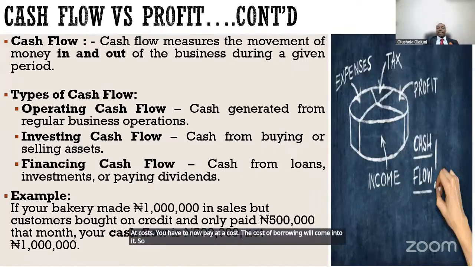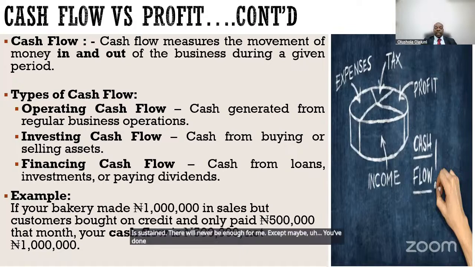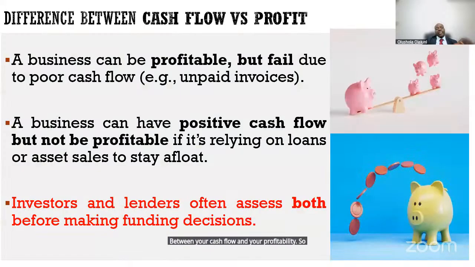So what we are trying to do is, how do you ensure that any money you bring into your business is sustained? There will never be enough money, except maybe you've done some fantastic work and the business is booming, and you are able to balance between your cash flow and your profitability. So basically, those are the things we need to do.